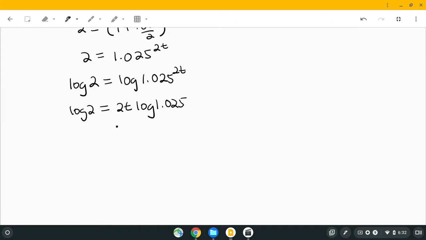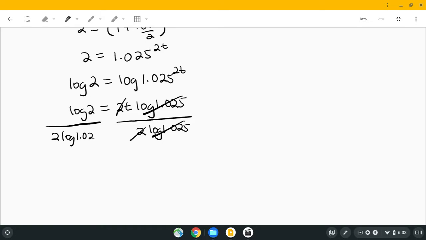This is all multiplication with t, so I'm going to divide both sides by 2 log of 1.025.